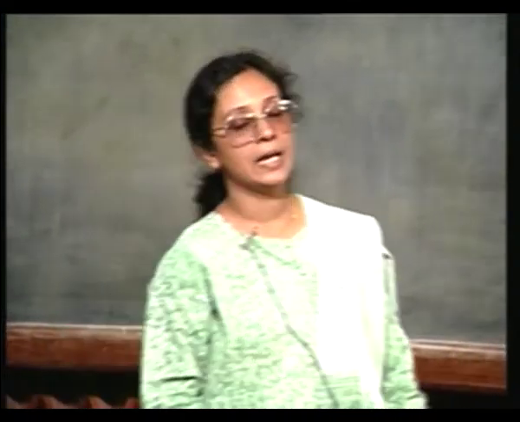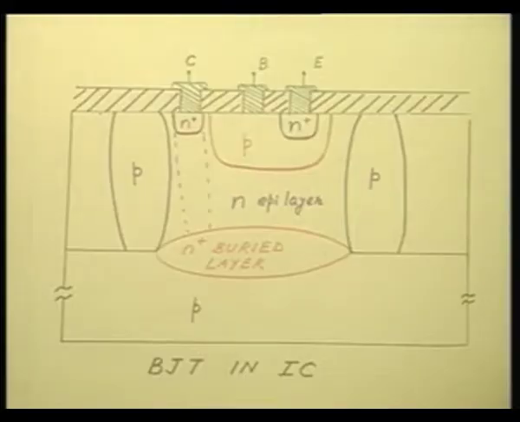On the other hand, as we move towards faster and faster circuits, we need to have more and more high speed transistors. Then the limiting factor on the speed of your circuit comes about from all the parasitic capacitances, because finally it is the RC delay which governs the speed of the circuit. So, all these parasitic capacitances will have adverse effect on the speed of the transistor.